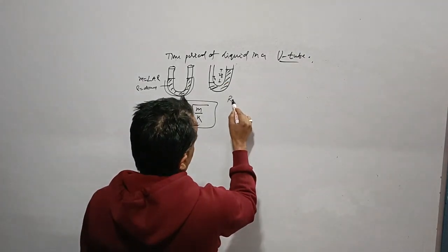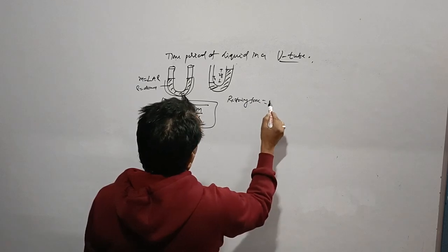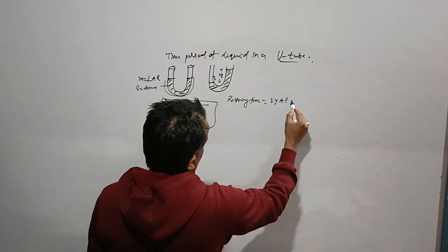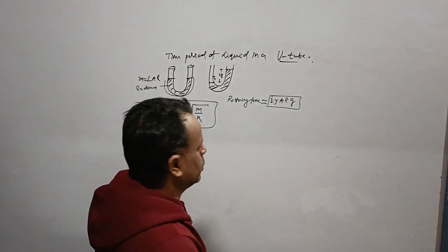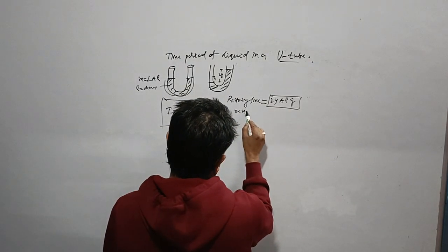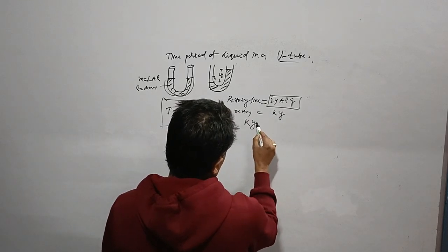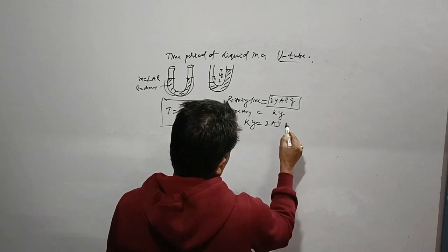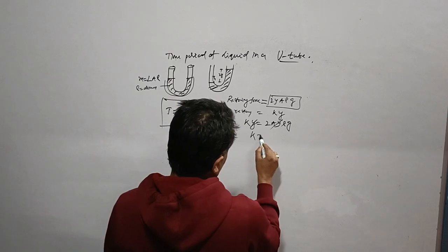Then the restoring force will be 2y into A into rho into g. This is the force it applies to come back to the original position. And restoring force is also equal to k into y. We equate them: k y equals 2y A rho g. Y gets cancelled out. K is what?